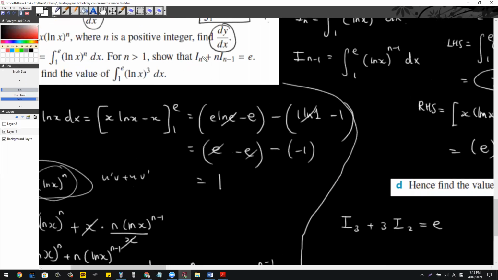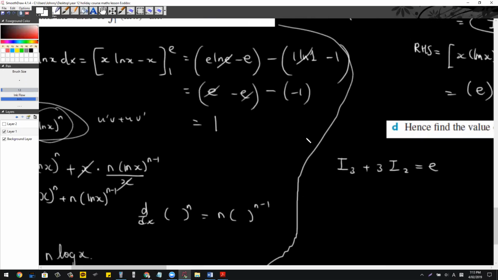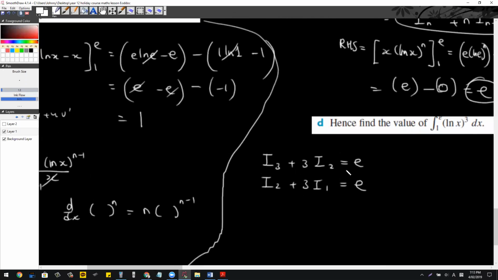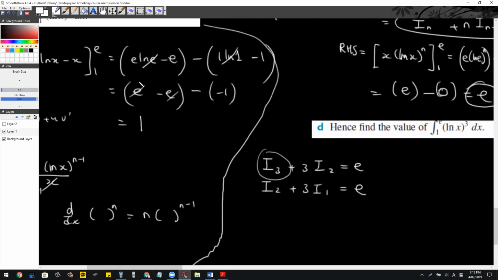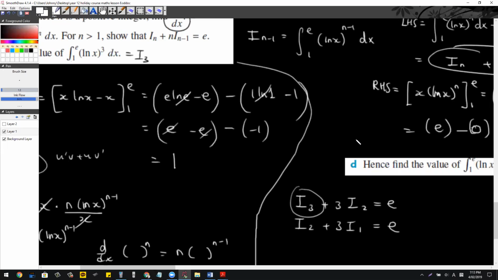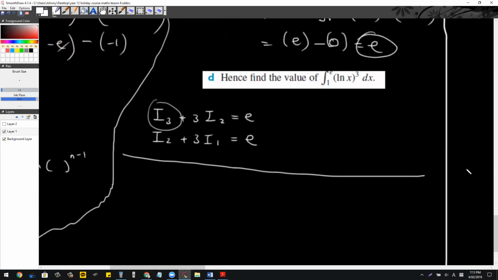That's what we can use for this one over here. And we also know that I2 plus 2I1 is e as well. So by recursive relationship, we can figure out what I3 is. Okay, so that's a challenge problem for you guys.